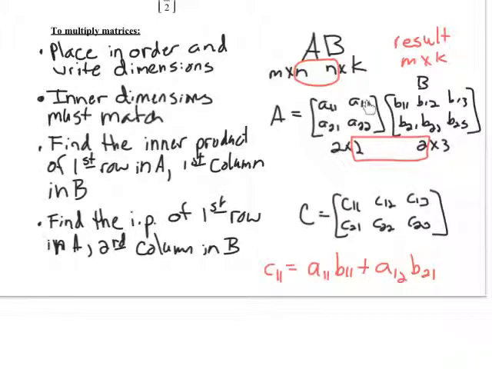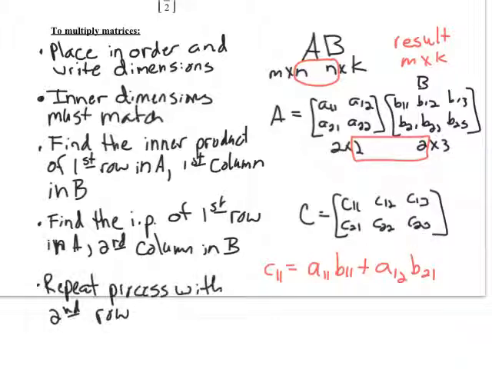So again, we're always going row, column, and then when I'm done with the first row, third column to make C13, I do the whole process over again with the second row, first column, second row, second column, second row, third column for C21, C22, C23. So I repeat everything with the second row. It's really confusing at first, and I get that every year with students. I'm going to walk through one numerical example, and then we're going to practice this quite a bit in class.